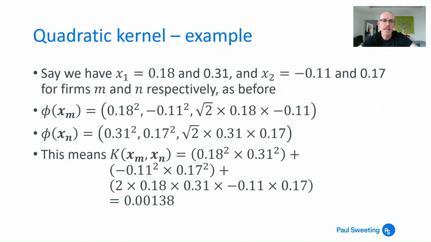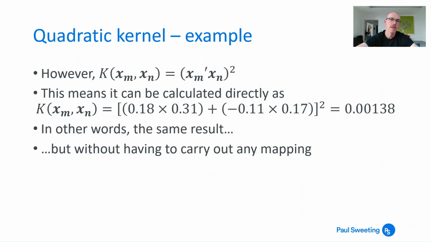So for k(xm, xn), you take each element of the vector phi of xm and multiply it by the corresponding element in vector phi of xn. So you get 0.18 squared times 0.31 squared plus minus 0.11 squared times 0.17 squared plus 2 times 0.18 times 0.31 times minus 0.11 times 0.17, and you get 0.00138. Fine. Now, that's doing everything through that transform of the vectors.